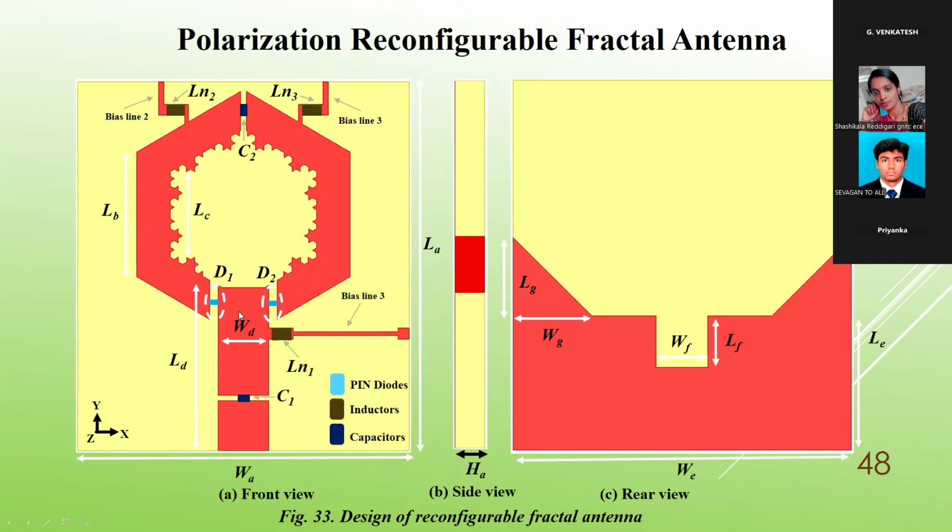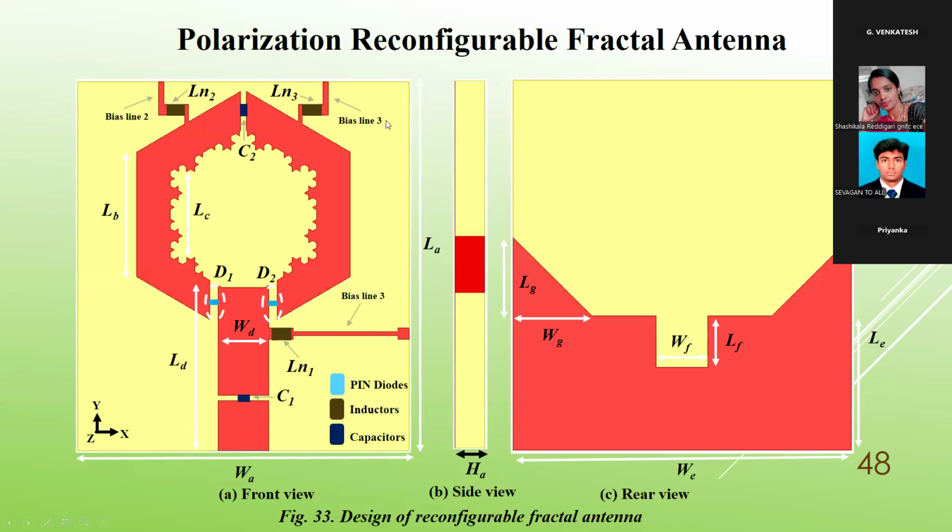After that, on both sides, when it is connected with the feed line, two pin diodes are used, and the feed line also, and a capacitor is also used, so that it will allow the AC signal to this connection, this segment, and here the bias line is there. So with respect to two bias lines, voltage will be applied.